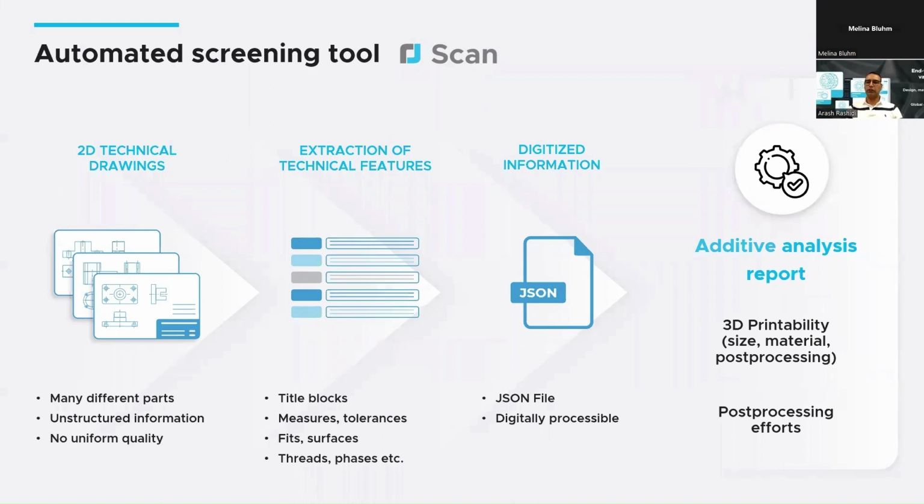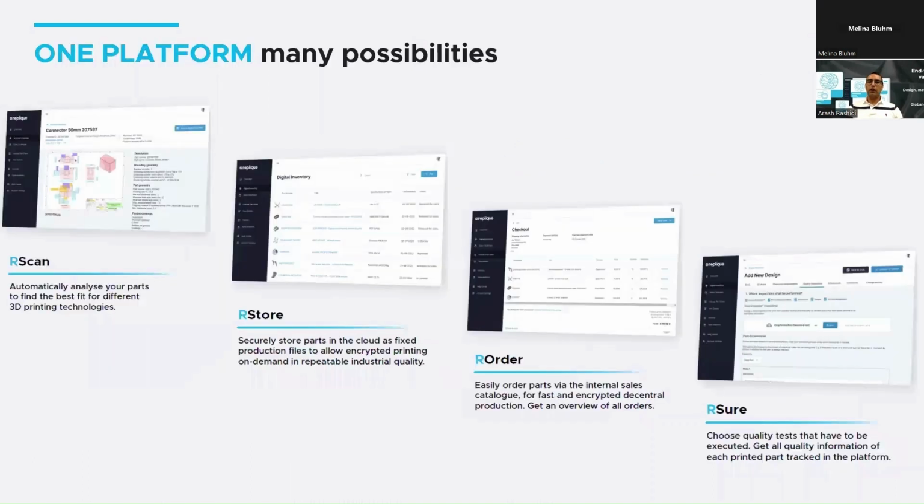And after it is digitalized, we can analyze it and give you a report on the 3D printability of the parts, on what size, which material, on the post-processing, and you can also see the efforts which are required for the post-processing. So this module is one of the modules that we have in our platform, which is the first step of screening the parts.